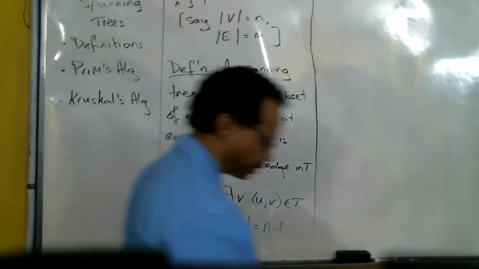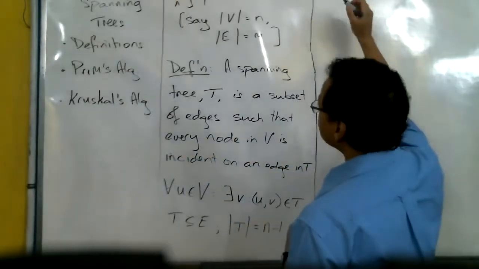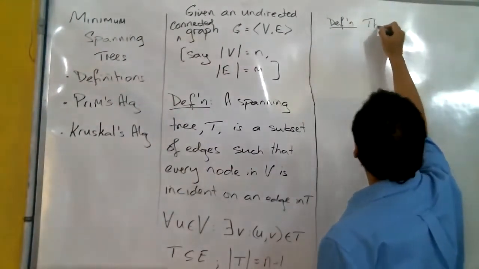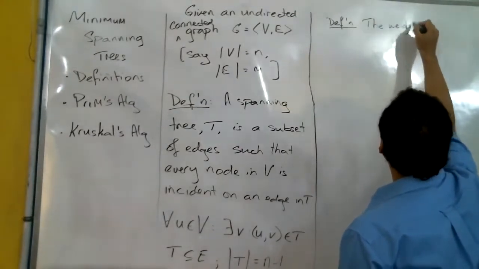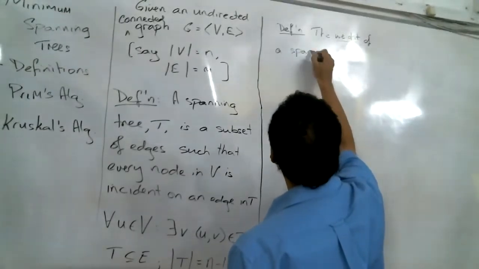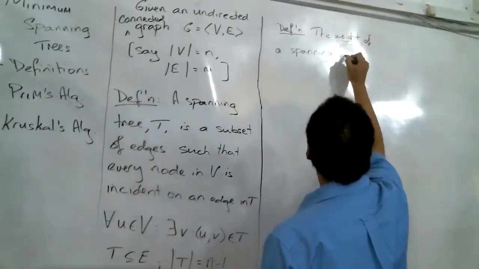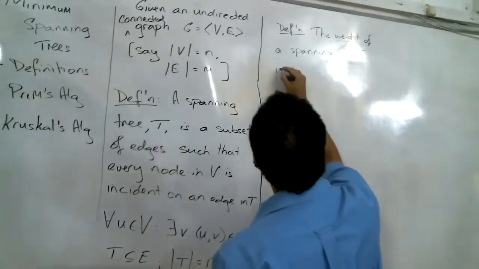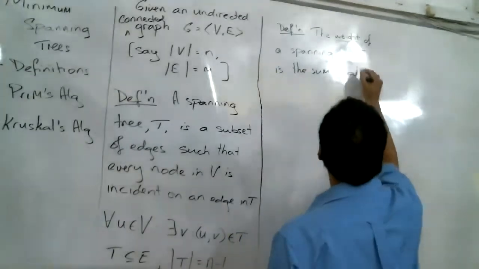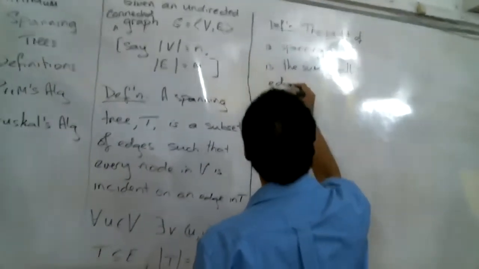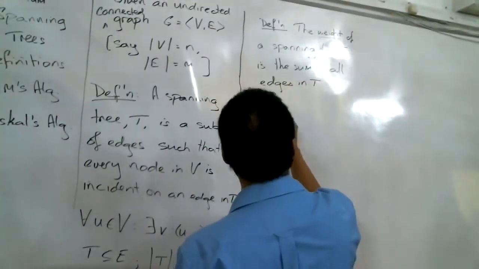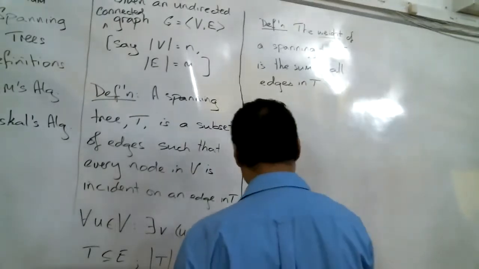Right, so that's a spanning tree. The value or weight is just the sum of all the edges in that tree. Okay, so the weight of the tree, actually I'm going to use lowercase w.